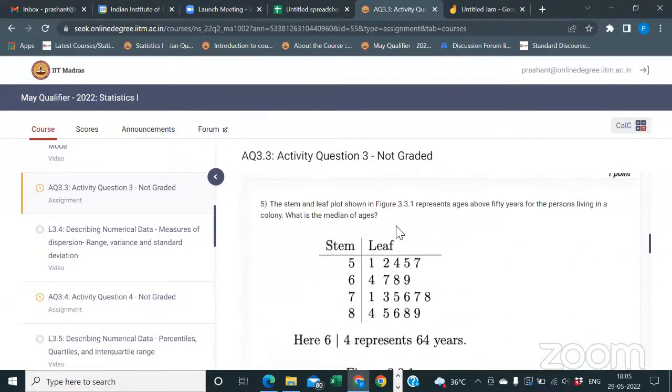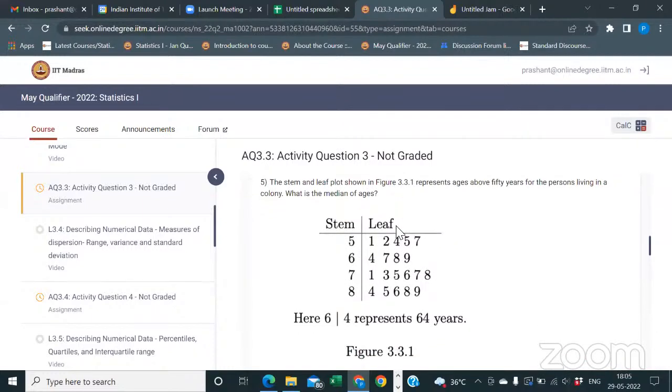In this question, I'm not getting the answer. It is asking about the median of ages. Okay, first, to calculate the median, what will be your first step? Sir, we will first write all the observations in ascending order.